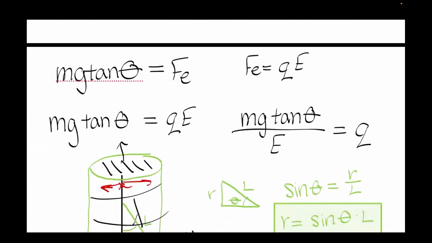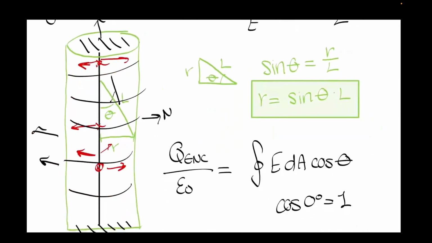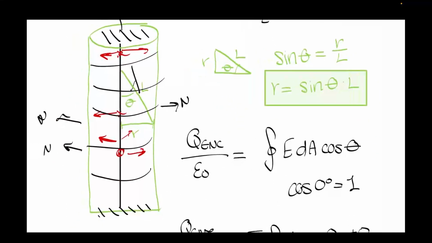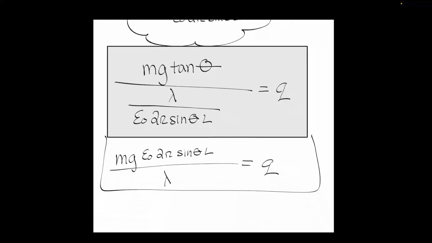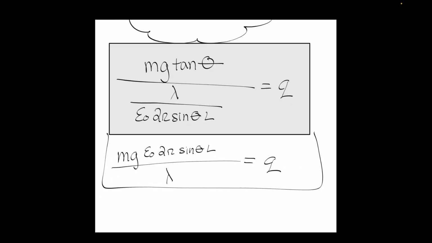Then we had mg tangent theta equals Fe. Remember, Fe equals QE. Then we had to solve for E. And the way we're going to solve for E on these problems, when we come to the test, is to use Gauss's law. That's what the professor said. We're going to use Gauss's law, use a Gaussian surface, and really just plug and chug. That's all there is to it at that point.